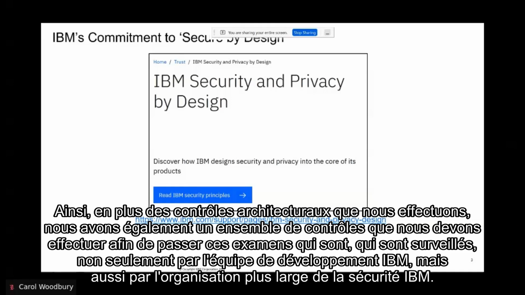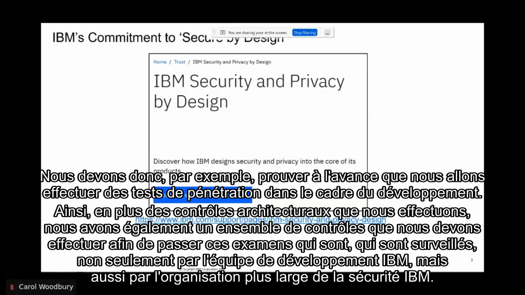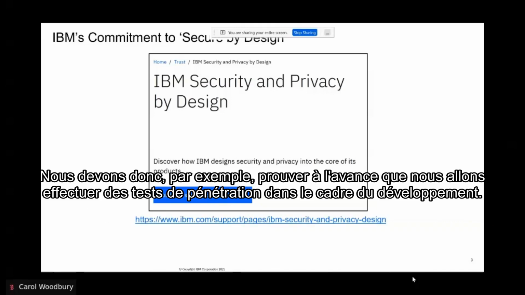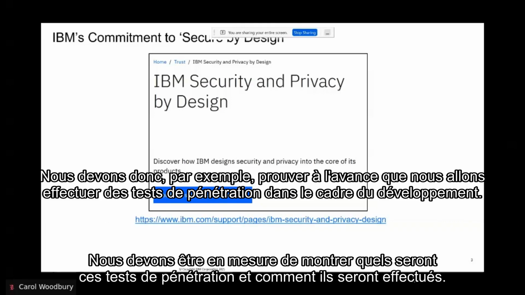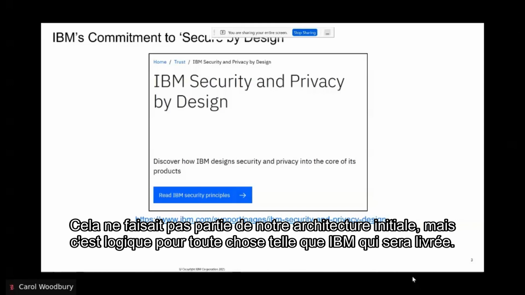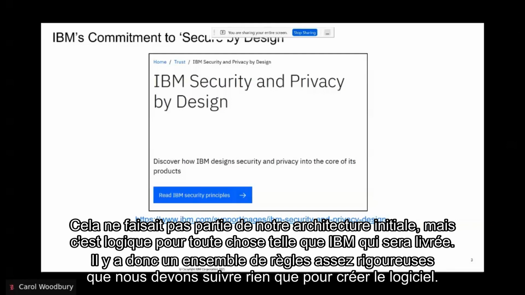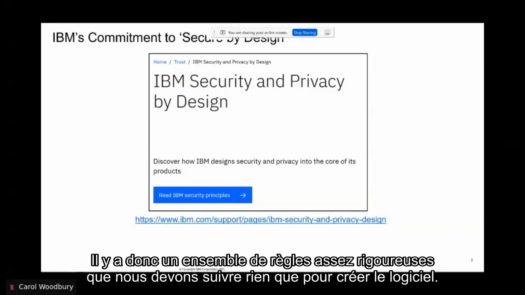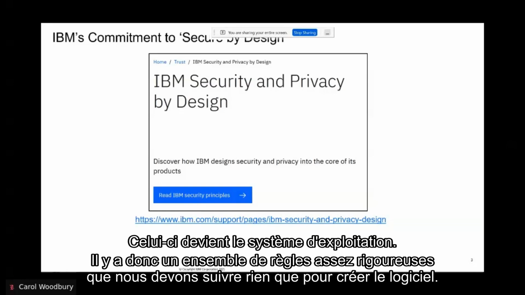We have to be able to show what those penetration tests are going to be and how they're going to be done. Those were not part of our original architectural things, but they make sense for anything like IBM i that's going to be delivered. And so there's quite a rigorous set of rules we have to follow just to create the software that becomes the operating system.